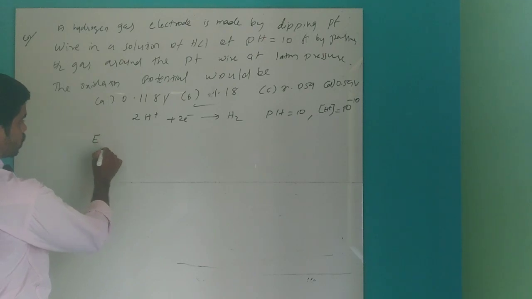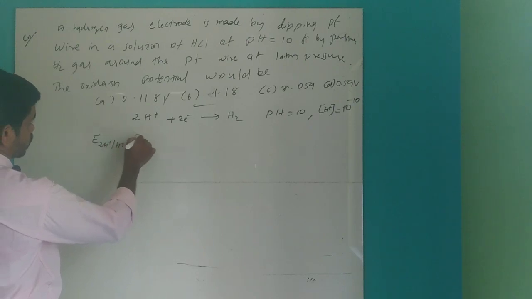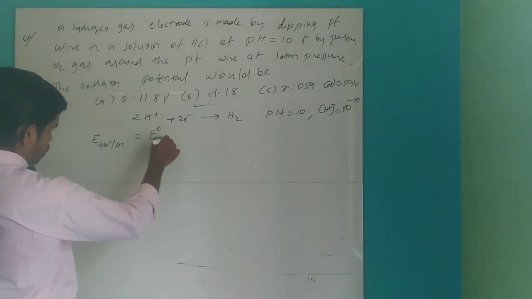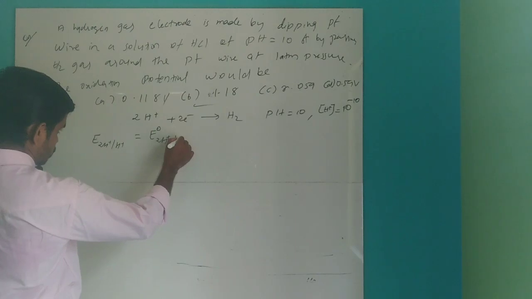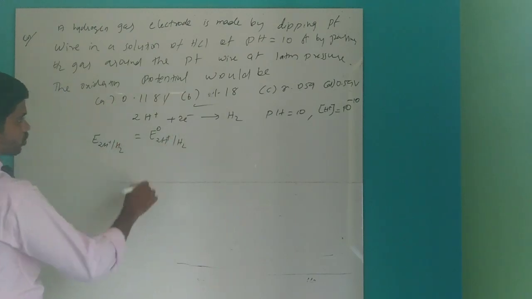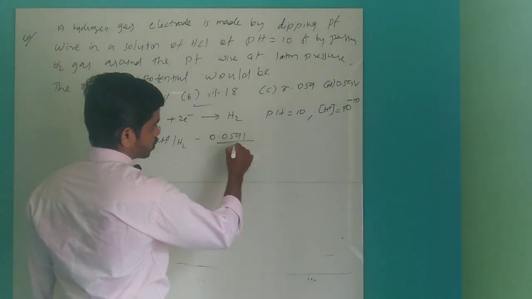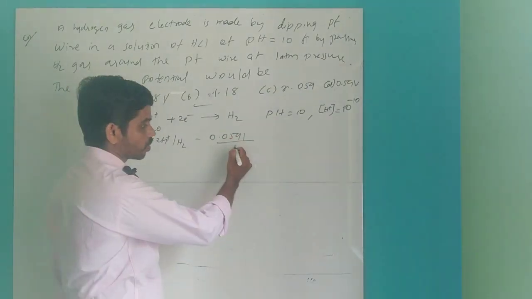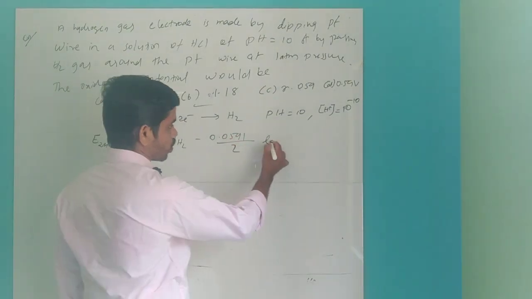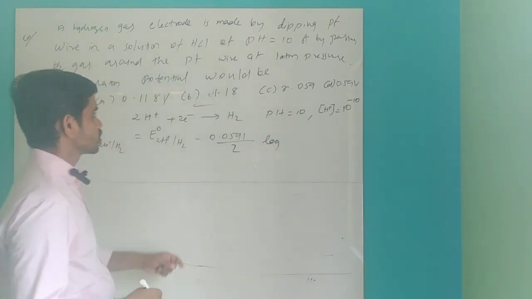So the EMF of 2H+ bar H2: you have to find E0 of H+ bar H2 minus 0.0591 by 2 log of the concentration of product.